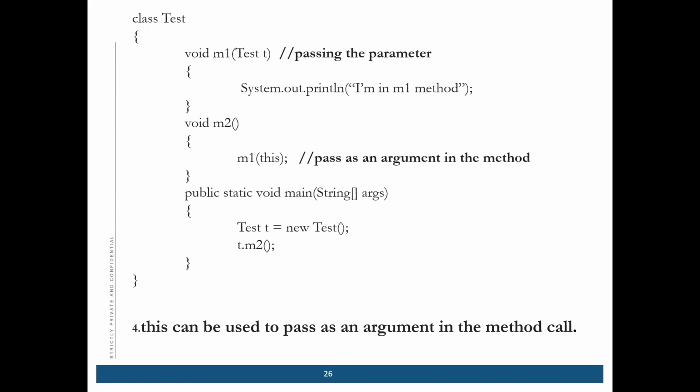Chavi, can you tell the ways of this? Can you please tell, because this is something I am learning new, first time. So test T passing the parameter, can you show just normally like we are passing test T as a parameter? Any normal example? So far we have passed string, integer, right?